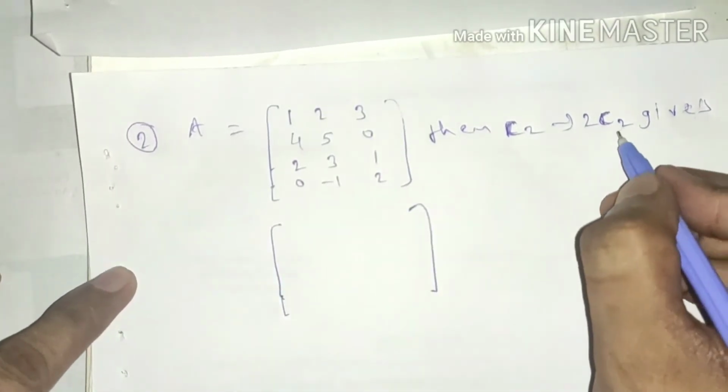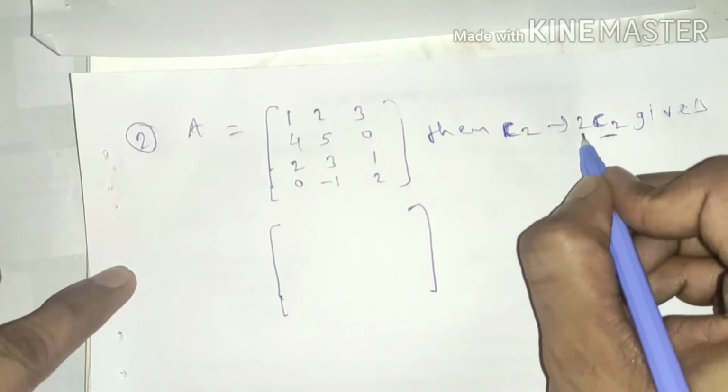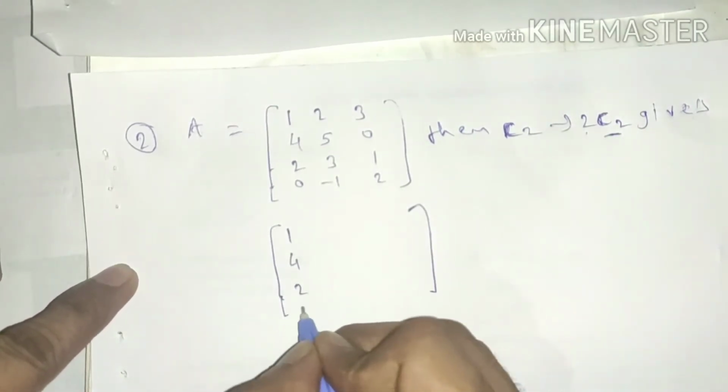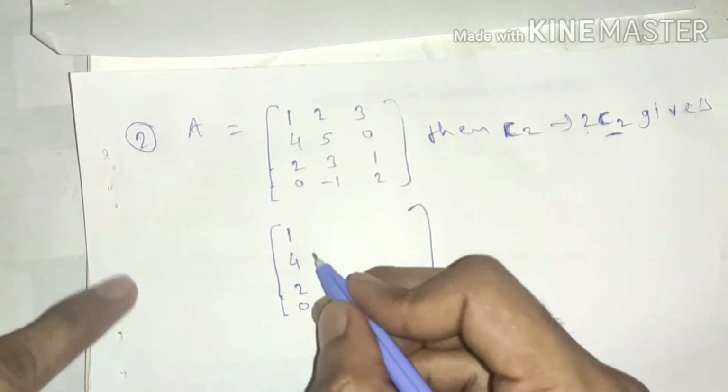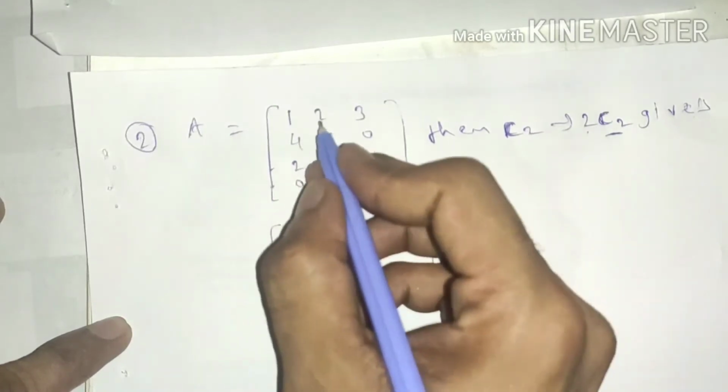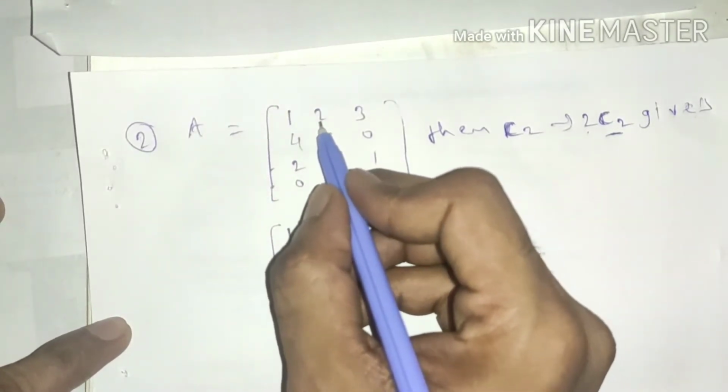So, here we multiply the second column by the non-zero scalar 2. The first column is the same as in the given matrix. We multiply every element of the second column by 2.